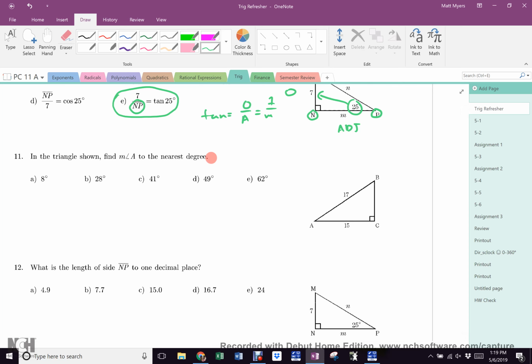What is it? Nobody got this one? It's B. Because that is shift cos of 15 divided by 17. Adjacent over hypotenuse.